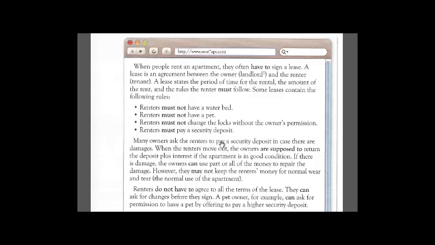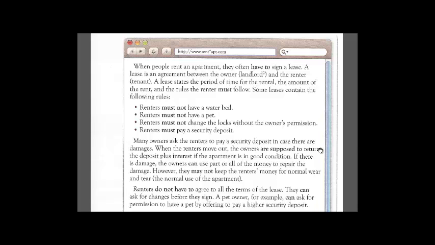Many owners ask the renters to pay a security deposit in case there are damages. When the renters move out, the owners are supposed to return the deposit plus interest if the apartment is in good condition. I never heard about this plus interest, but I guess it might be a new thing, or I don't know. Okay, some places might not offer interest, especially now that the interest is kind of low.